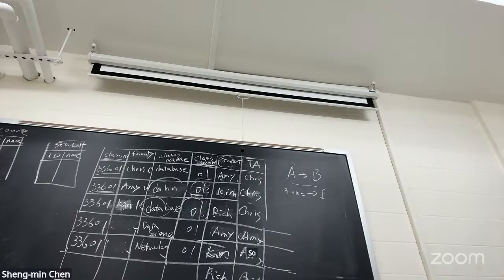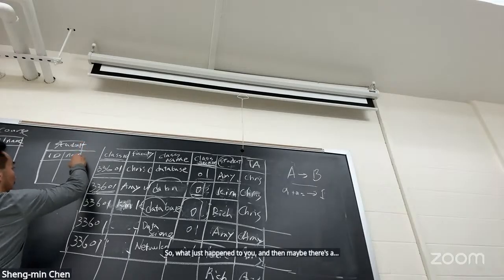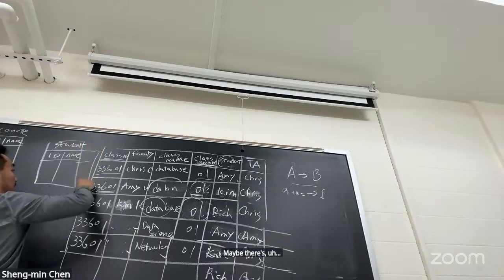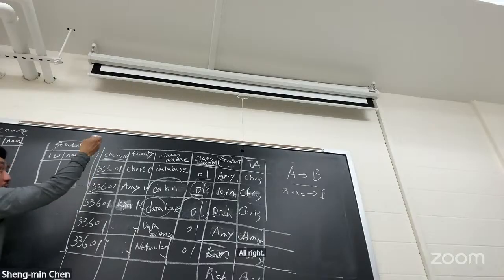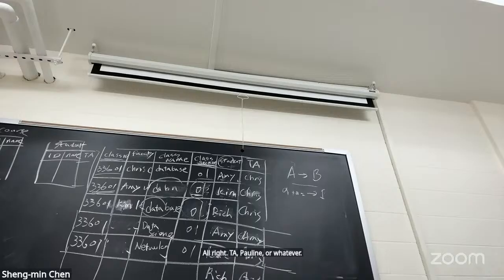So we'll just have a TA flag, one or zero, something like that. Okay. So that at least takes out the partial dependency. Right? Does that take out the partial dependency?